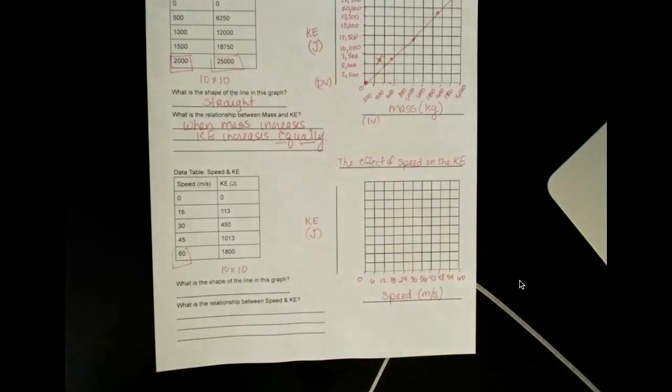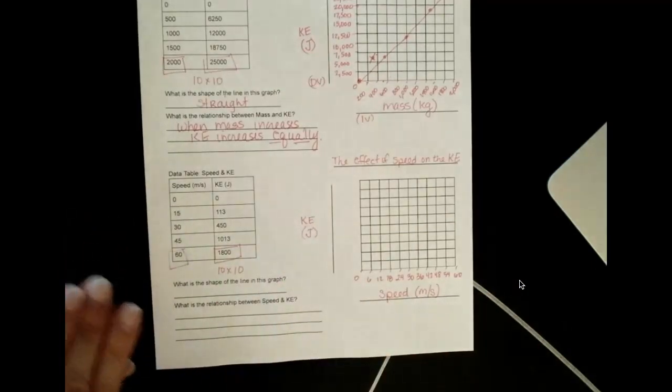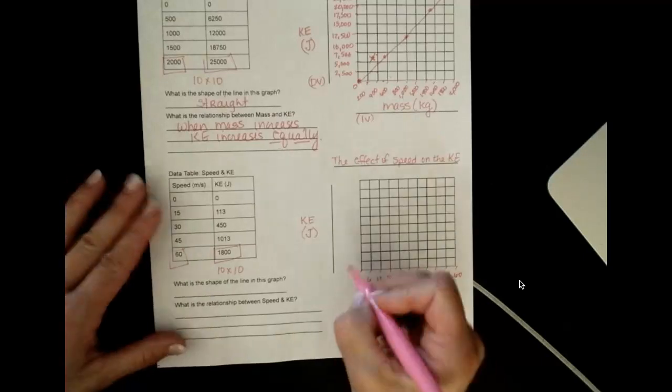Good job. Okay, now we will do the next one, 1800. Well, when you do your division on this one, it will be 180.